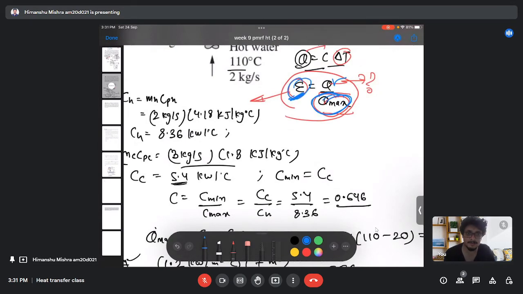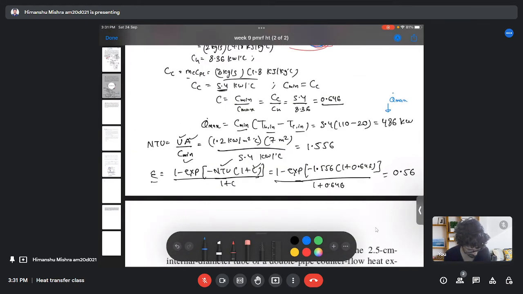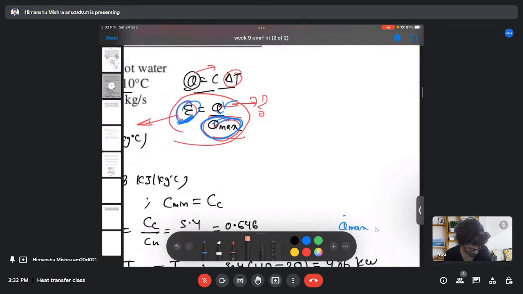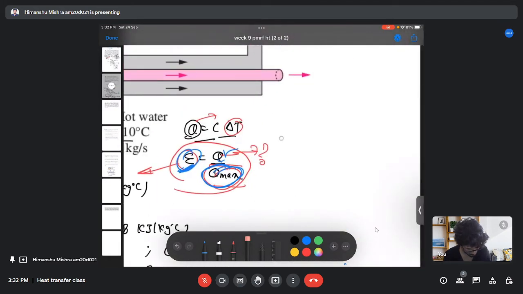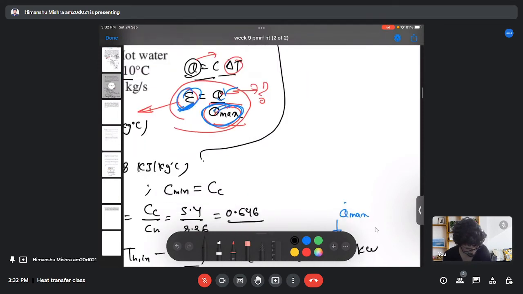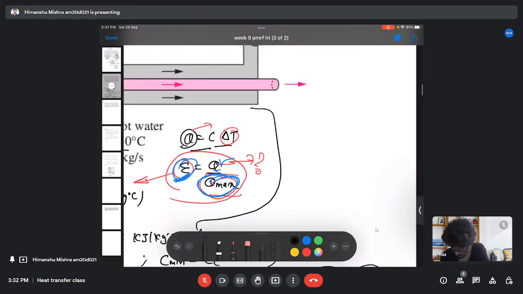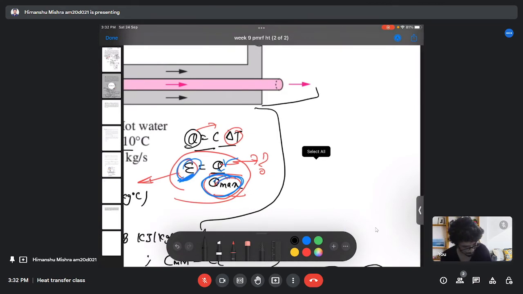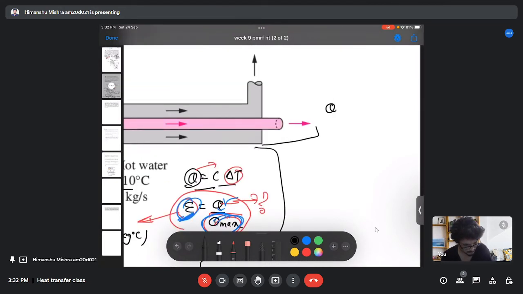We already found the maximum heat transfer, and now we can find the actual heat transfer that takes place in the heat exchanger. This will be my effectiveness.